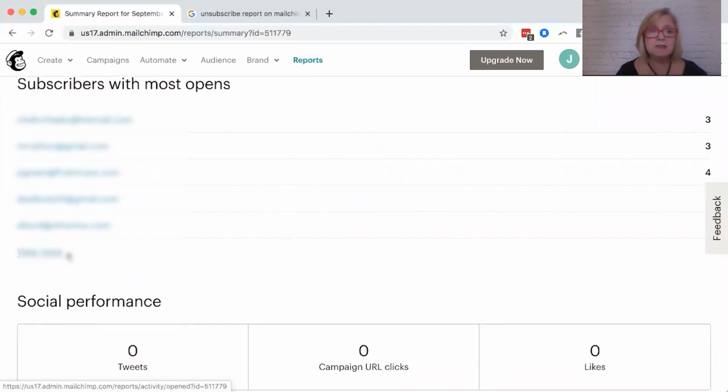And you might want to send an email directly to them. You don't want to say, I saw that you opened my email a bunch of times, but if you don't know these people, you might say, hey, we're reaching out to some of the people on our email list, and we're doing something special, we're doing some one-on-one calls to see if there's a way that we can help you.